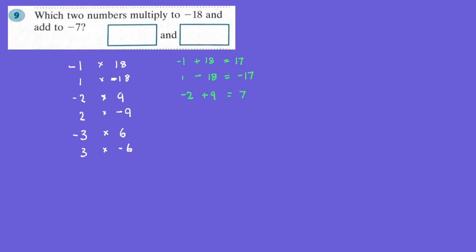That'll give me 7, but 2 minus 9 will give me a minus 7. And I found my answer. So the two numbers that when multiplied and added together give me minus 18 and minus 7 are 2 and minus 9.